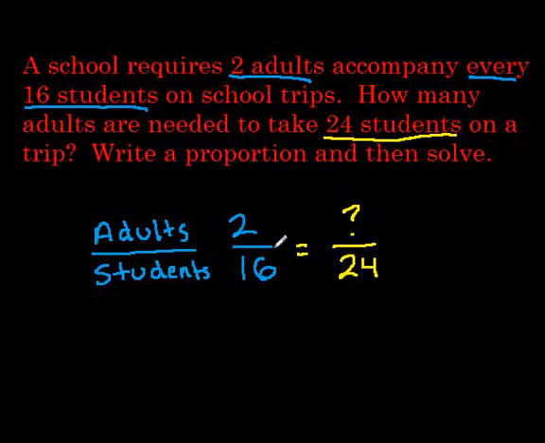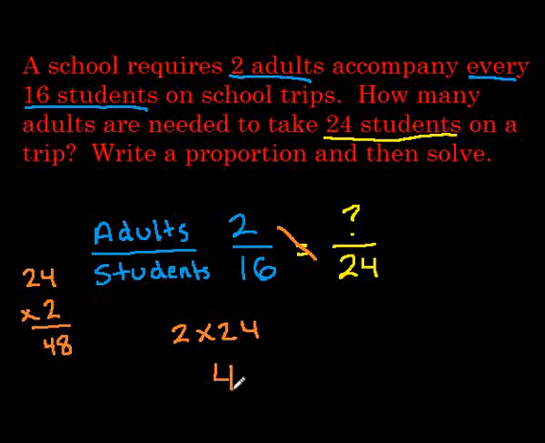Now that I have the proportion set up, I'm going to multiply diagonally. So 2 times 24. So 2 times 4 is 8, and 2 times 2 is 4. So I get 48.